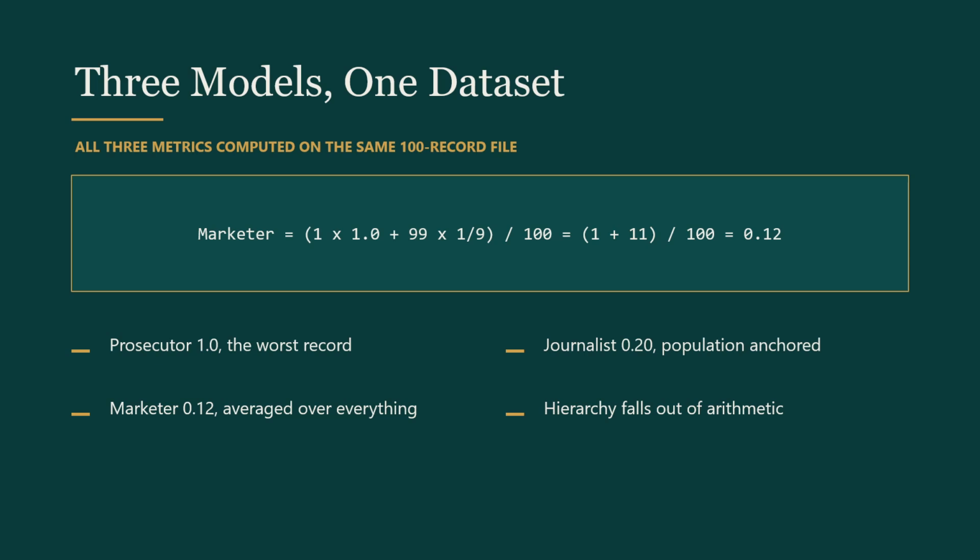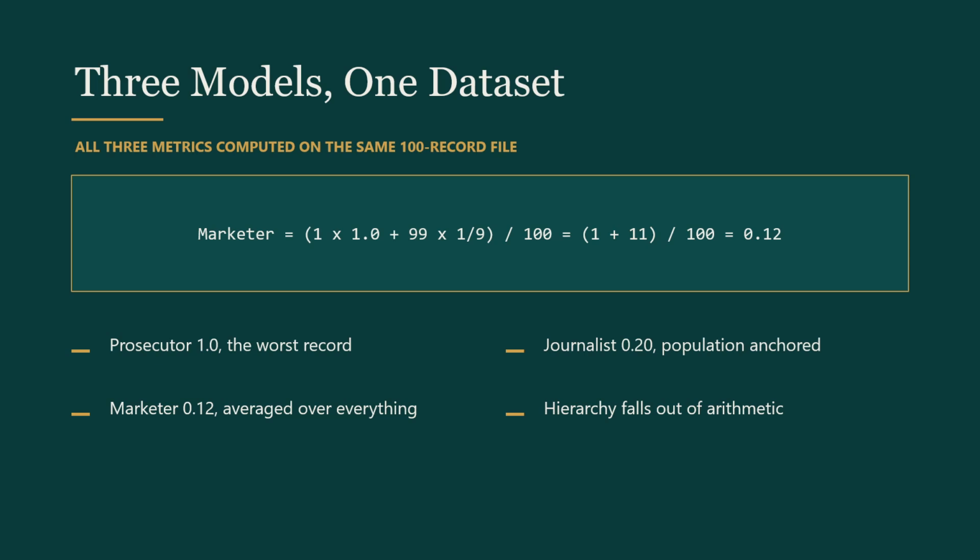Marketer risk third, and this one needs the average. The unique record contributes 1 over 1, which is 1.0. Each of the 99 records in classes of 9 contributes 1 over 9. Sum them. 1.0 plus 99 times 1/9. 99 divided by 9 is 11 exactly.